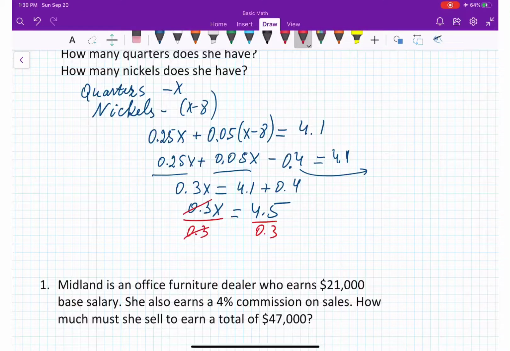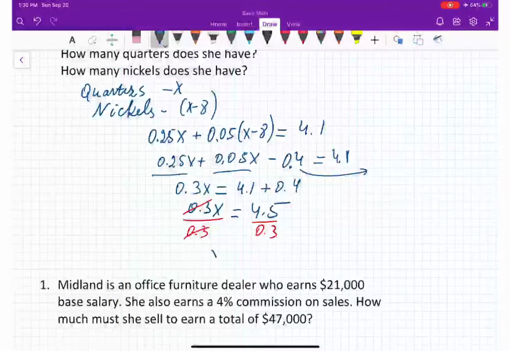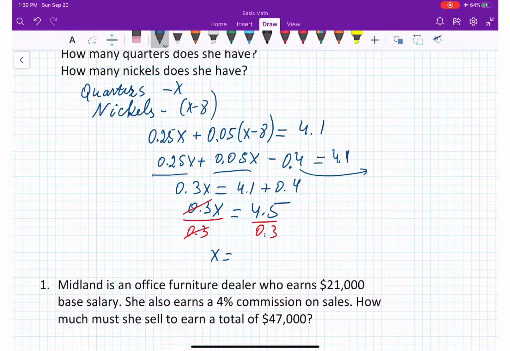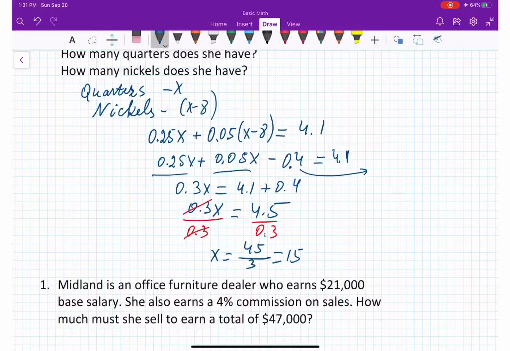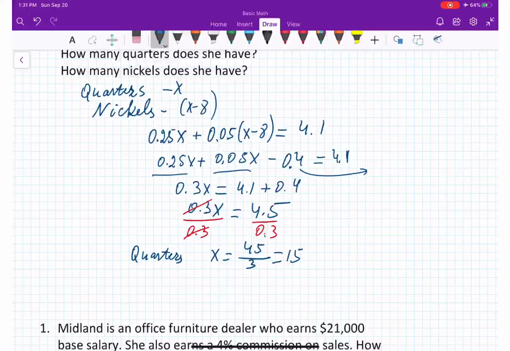This is gone, and x is equal to... I move by one decimal place here, 45 divided by 3, and I'm getting 15. So my quarters are 15. Nickels, those are quarters. Nickels on the other side are going to be less by 8, which is going to be 15 minus 8. It's going to be 7 nickels.